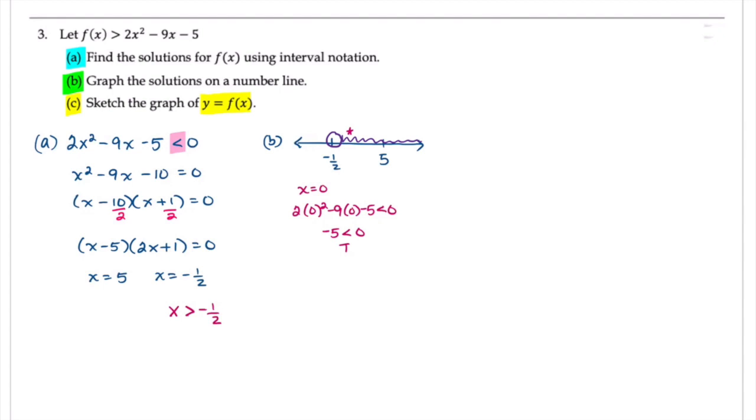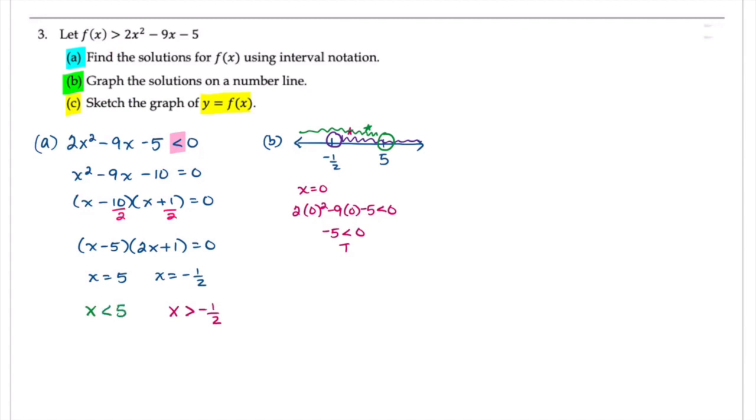Now for the number 5, I'm going to do the same thing. I am actually going to pick a point to the left. And if I just stop and think about this, a number to the left of this would be 0, and 0 does work out because we did test it out already, which means that 5 is not included, and all numbers to the left would be. x must be less than 5.